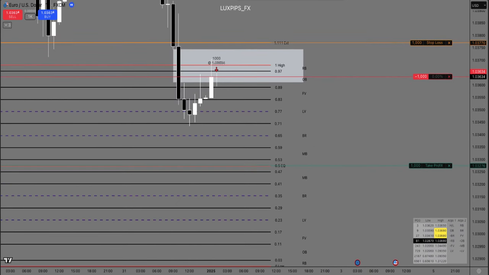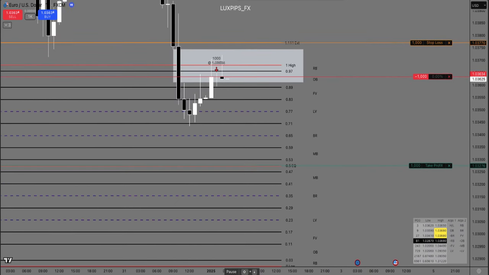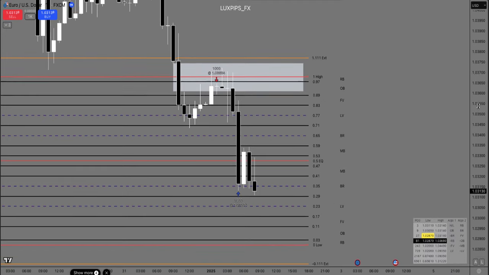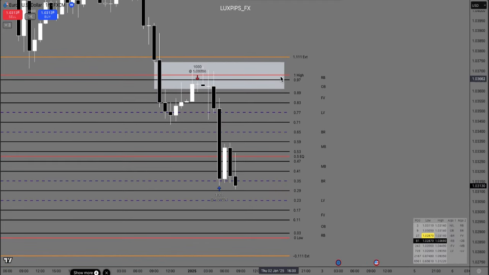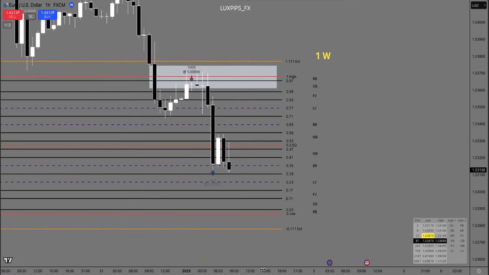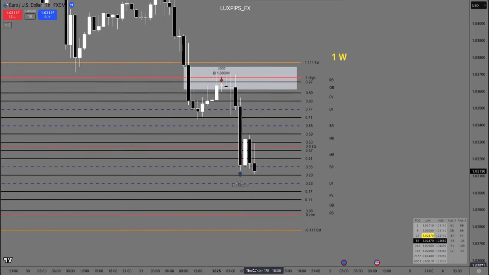Alright, let's see what price does. Alright, straight to EQ. So our trade is done. Right now, this is one win. So let's continue the price and see what it does.